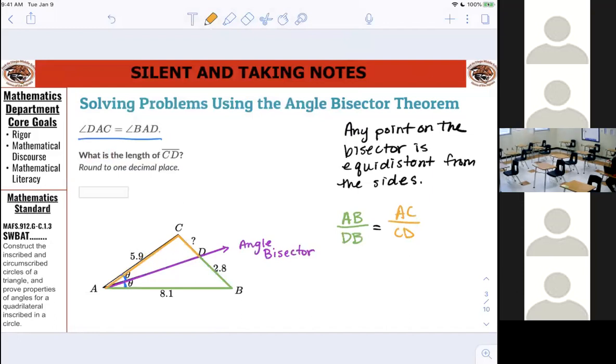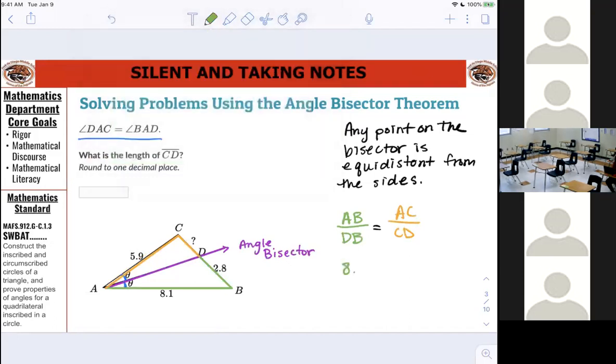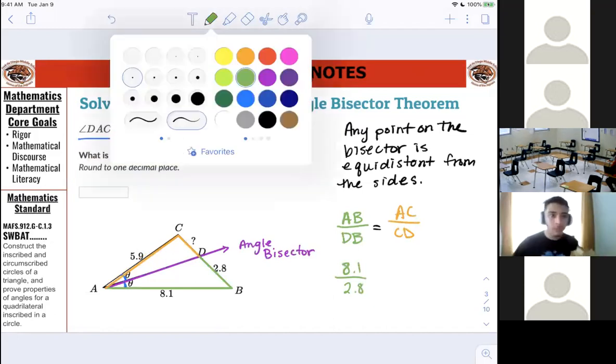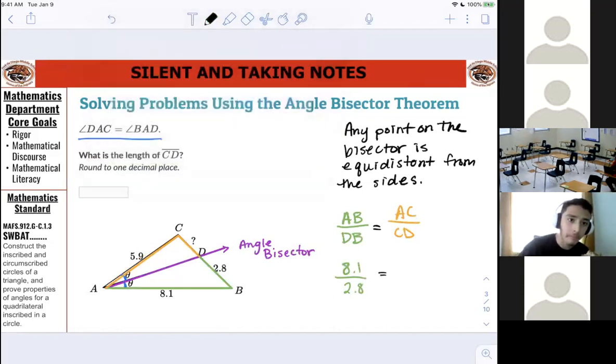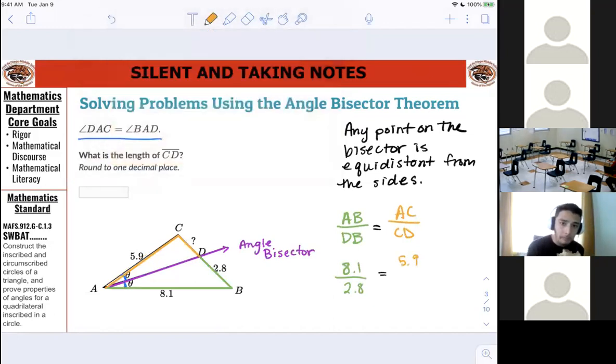Isn't that like 8.1 over 2.8? Yeah, so this would be 8.1 over 2.8. And on the other side I have 5.9 over X. Since we don't know this measurement, we can call it X. But my question was, why did I match up 8.1 and 5.9 versus 2.8 with the X?